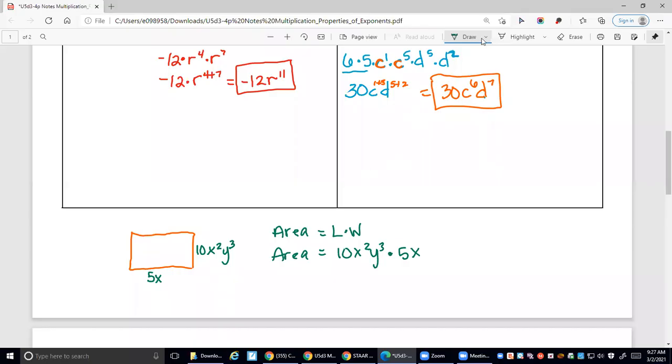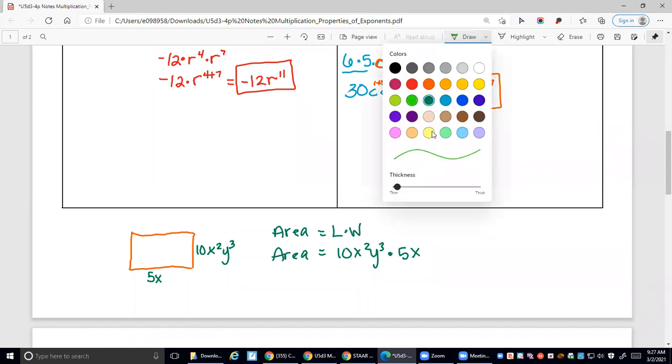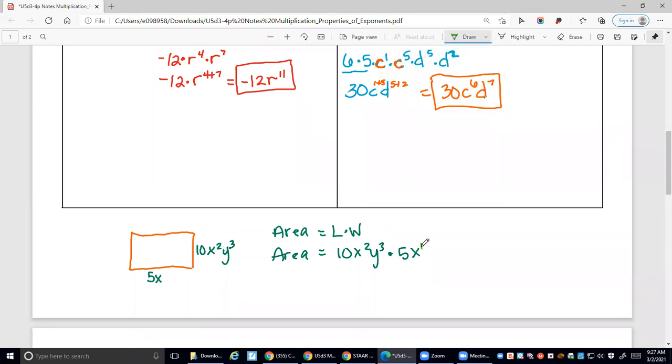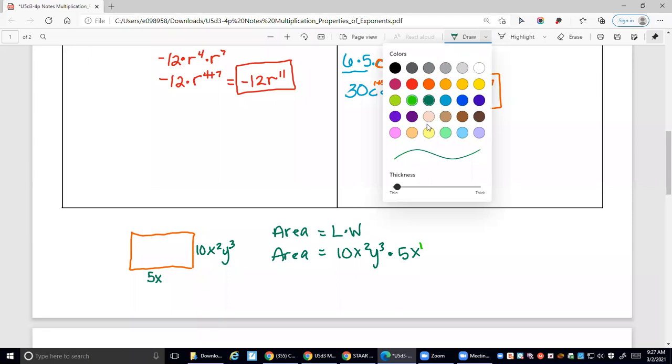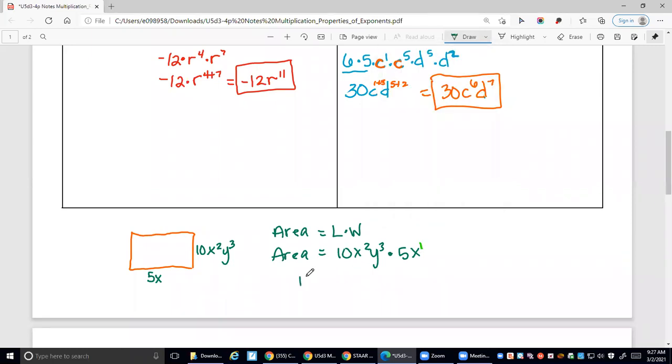Please do not forget to put in your Ninja 1 whenever you have a variable without an exponent, because I guarantee you'll forget it, right? So let's go ahead. We're going to reorganize this. I'm going to put my coefficients up front, and I love that nobody said 15 this time, right? And then we're going to put our x's. I'm just going in alphabetical order. And then I got x to the first.